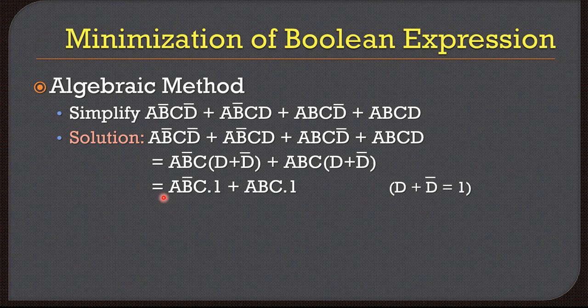So based on this, you have got this, right? You have to prove it. This is very important. You have to specify either the law, or at least the name of the law, to get the maximum marks. Similarly, you get the second term also, D + D' becomes 1. So you now have A B' C dot 1 plus A B C dot 1.